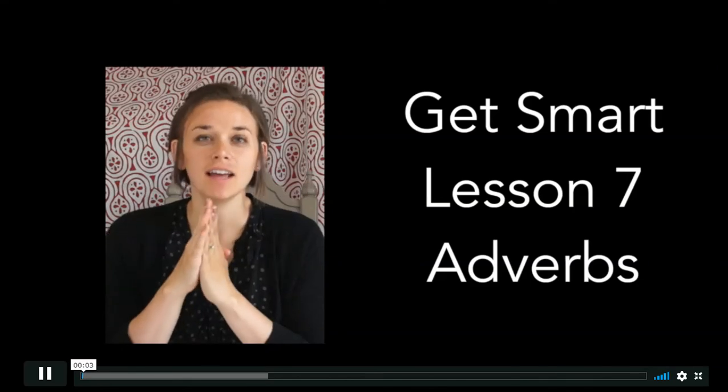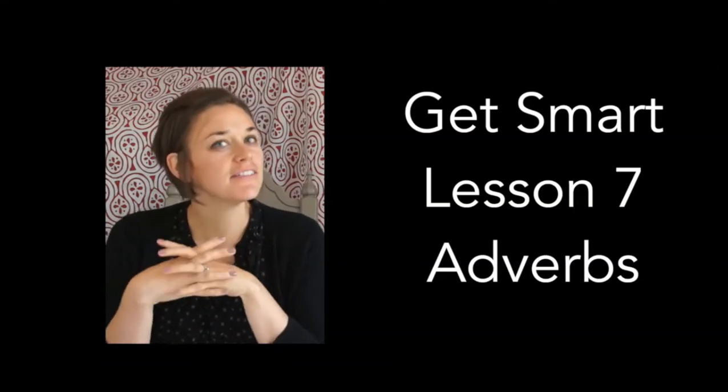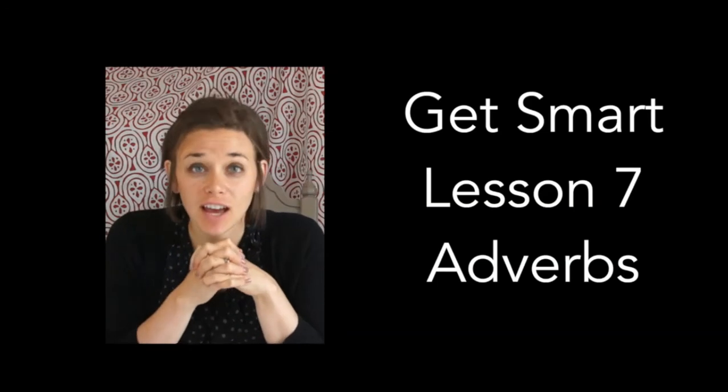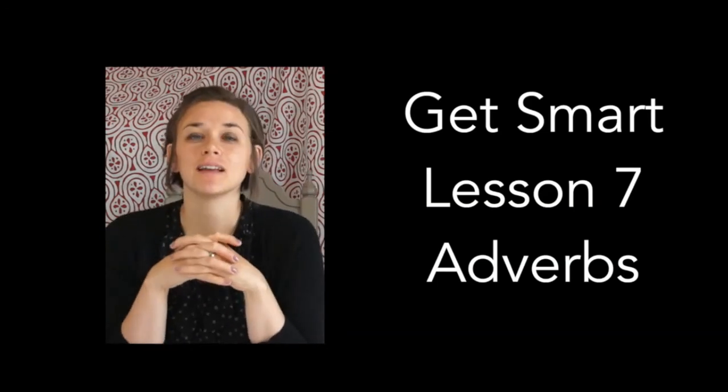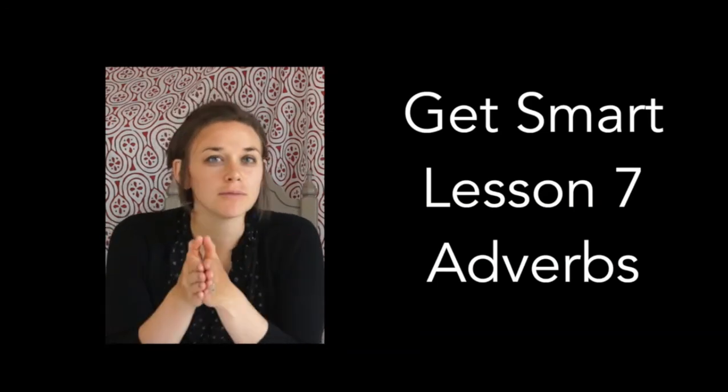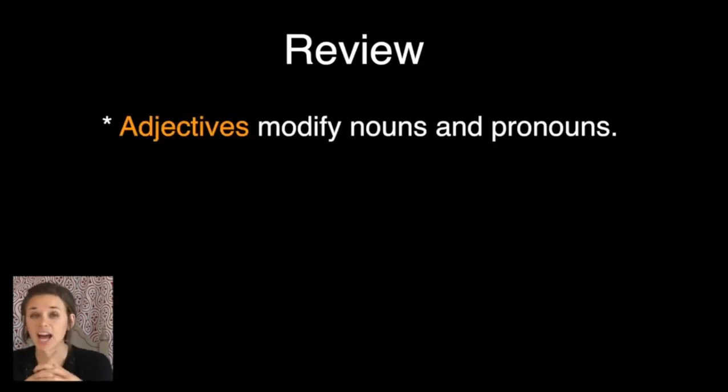Get Smart. You are now on lesson 7, and we will be talking about adverbs in lesson 7. As usual, let's start with some relevant review. You know that we can divide our words into categories called the parts of speech. You know that adjectives are words that modify nouns and pronouns.